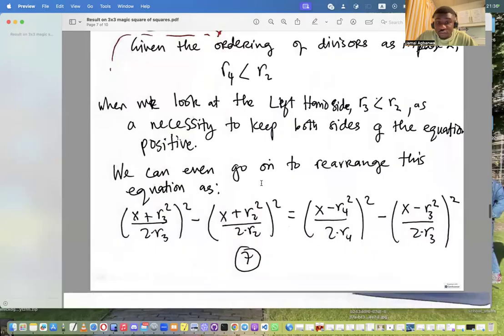And so for visibility, just to make things a bit lucid, we group the terms with constant operation signs. So those with the plus operation signs are here, and those with the minus operation signs are here. And so over here we see that to ensure this is positive, R3 has to be smaller than R subscript 2, as you have labeled over here.